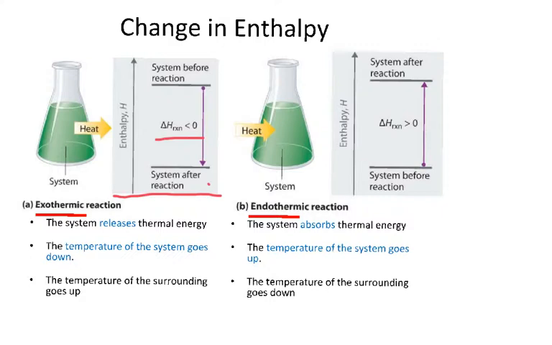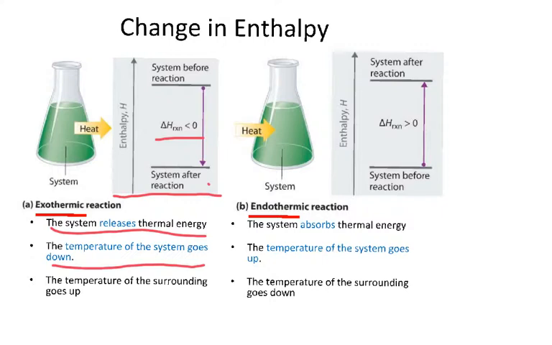Anytime heat is released from the system, we call this an exothermic reaction. So the system releases thermal energy, and the temperature of the system decreases because it gives heat to the surroundings.